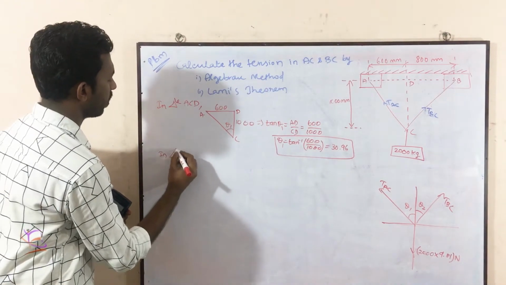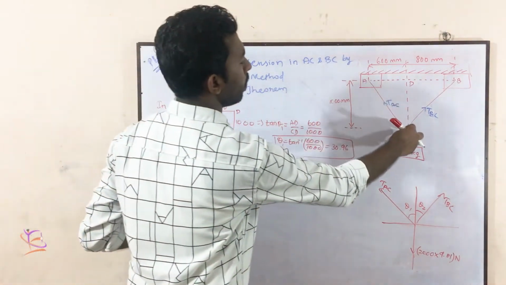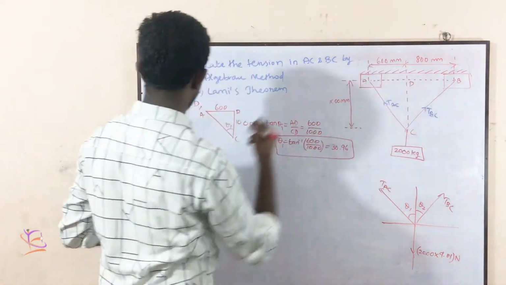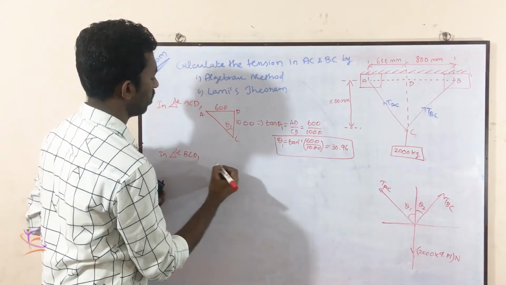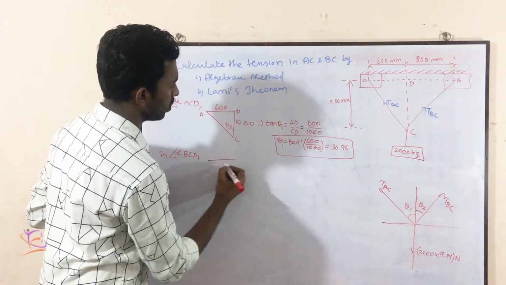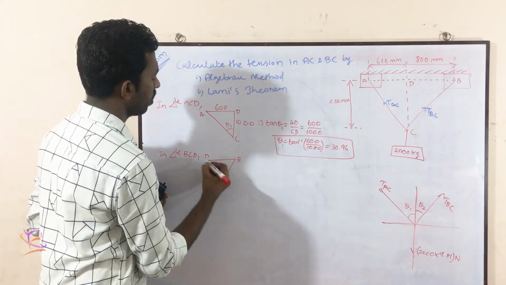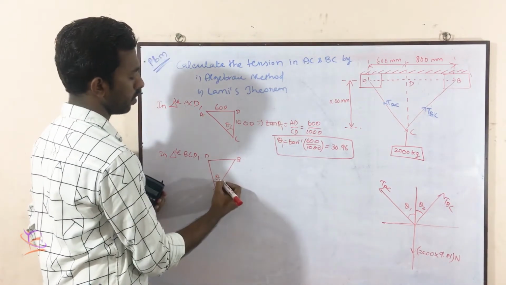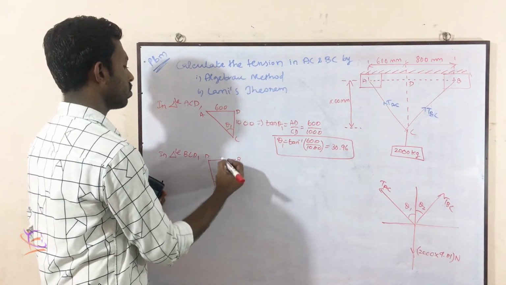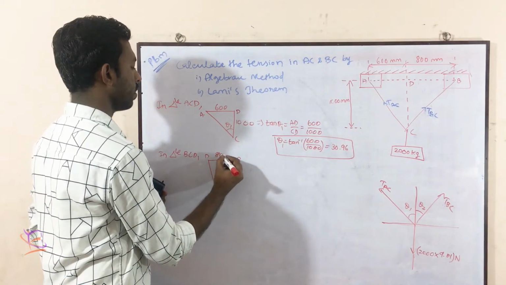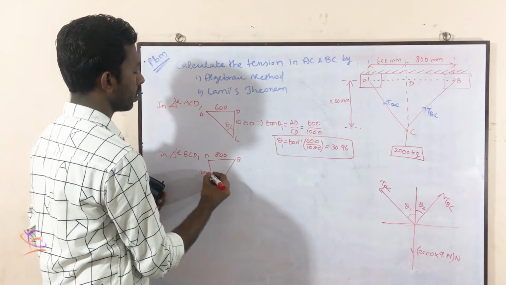Then in triangle BCD, here also we need the angle theta 2. The value is given as 800 and we know the vertical as 1000.